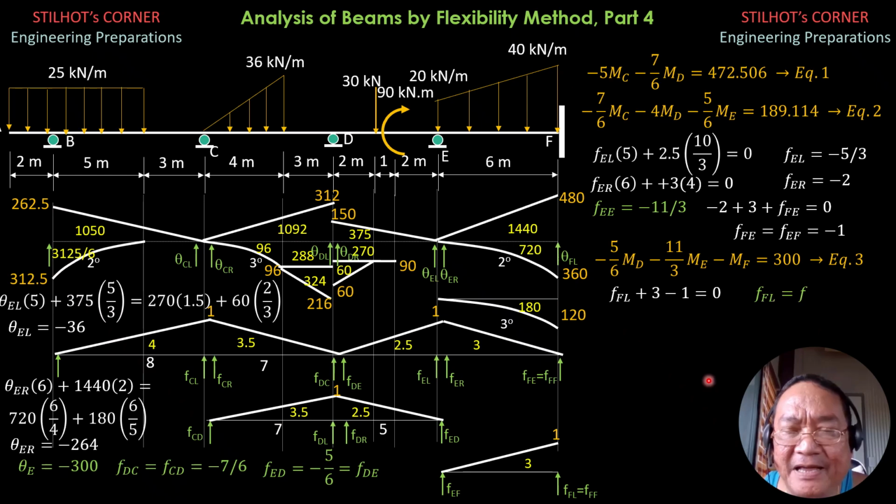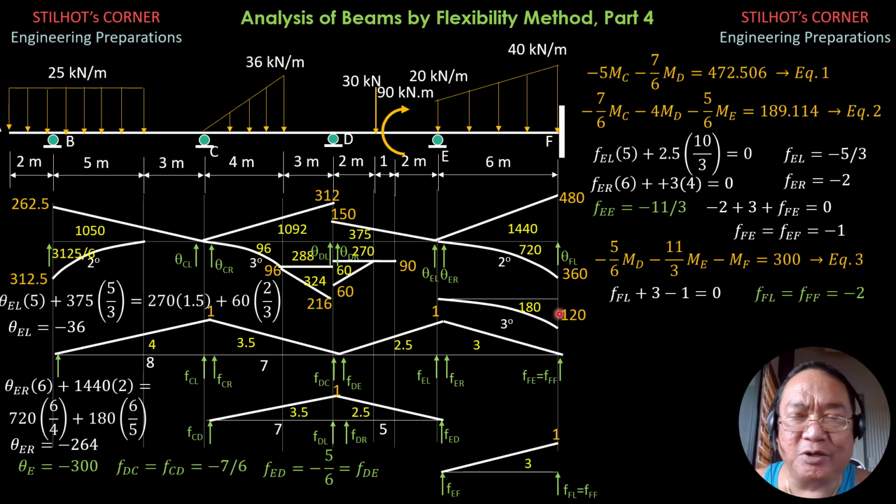So FF left, which is FFF, equals negative 2. So the last equation would be negative 1 times moment at E plus negative 2 moment at F equals theta F.